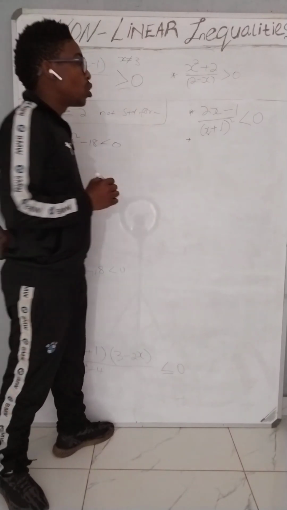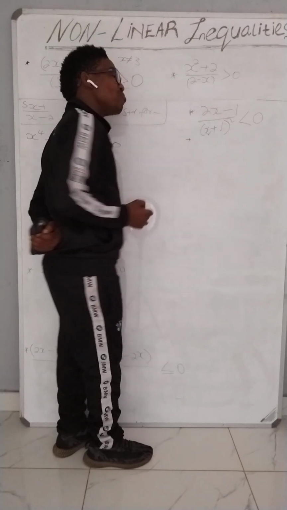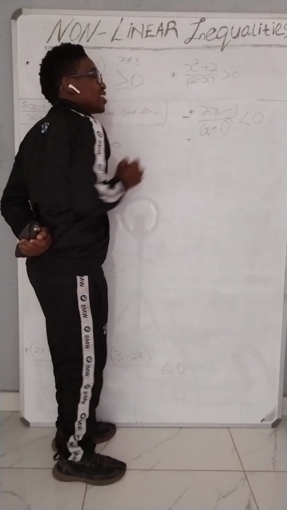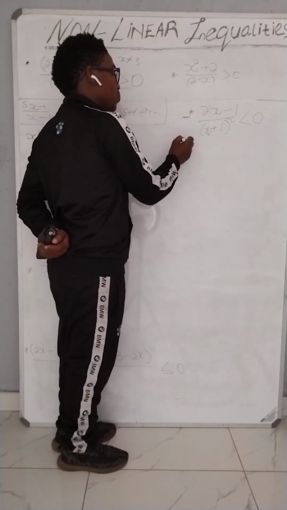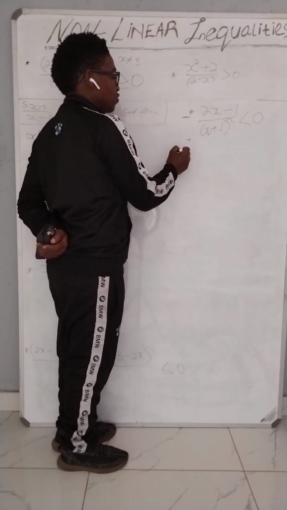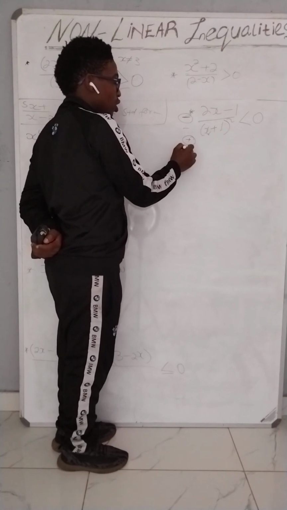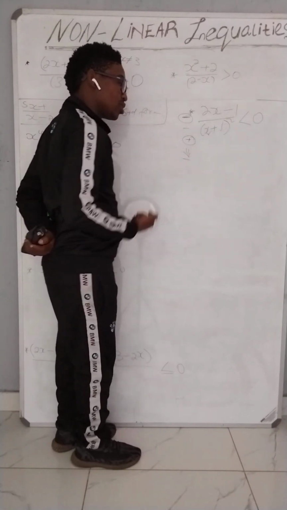So this tells you that you only need to work with the numerator such that it is negative, such that it is less than 0, so that you can say negative divided by positive is negative. Negative divided by positive will give you negative, because anything less than 0 is negative.